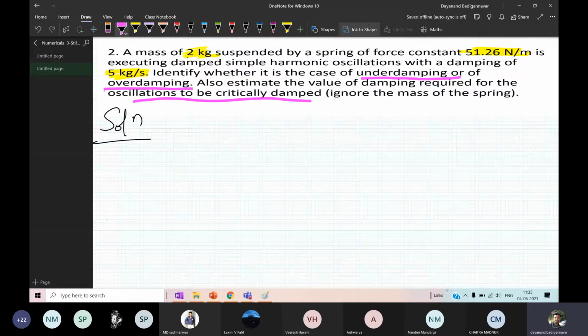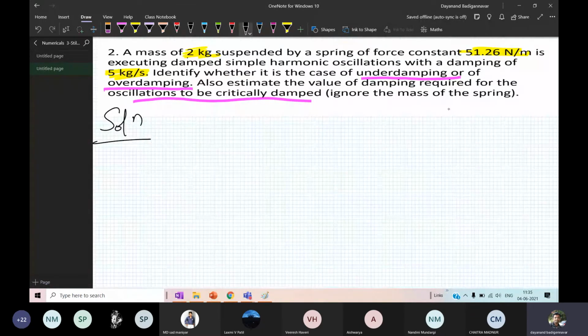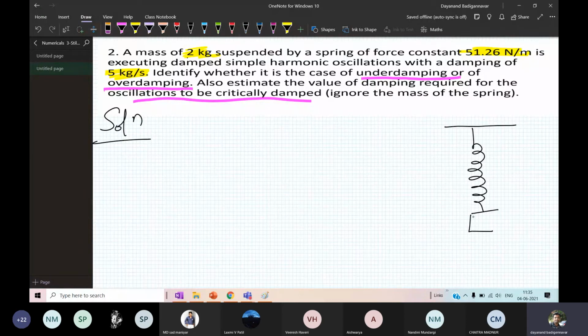First, draw the diagram, that will help you a lot. I have a spring mass system which is oscillating in a simple harmonic manner, that is, damped simple harmonic oscillations. What is the mass that I have hanged? M is 2 kg.